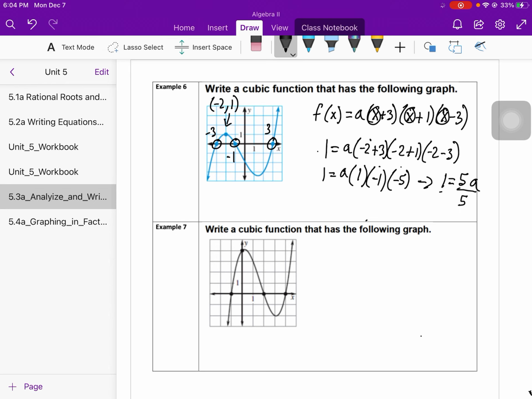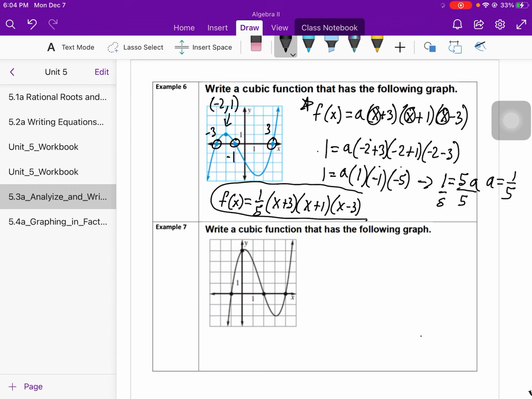Then to solve for a, we divide by 5, and we get a equals 1/5. Now that we have that, we go back to our original equation, and we just replace a with 1/5. 1/5, and then we just write the factors. x plus 3, x plus 1, and x minus 3. There's our answer there.